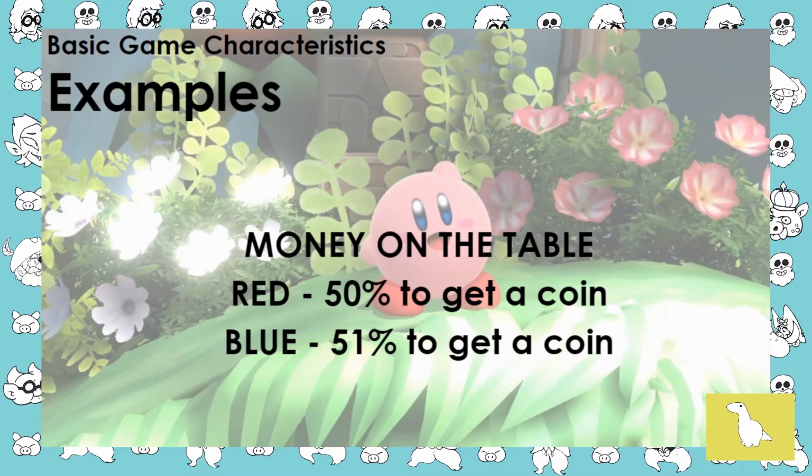However, the strategy is much harder to notice. In the first game, probability would dictate that you'd very quickly realise the red button is the best one. Here, blue is better, but only by 1%, which is rather insignificant. So both red and blue, if you're only playing 10 rounds or so, will probably give you the same amount of coins.